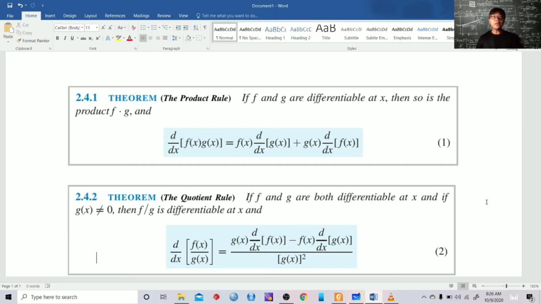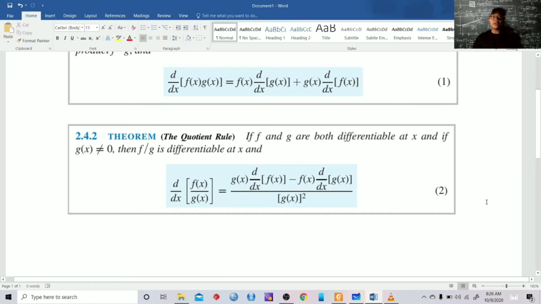The derivative of f of x times g of x is equal to f of x times the derivative of g of x plus g of x times the derivative of f of x.